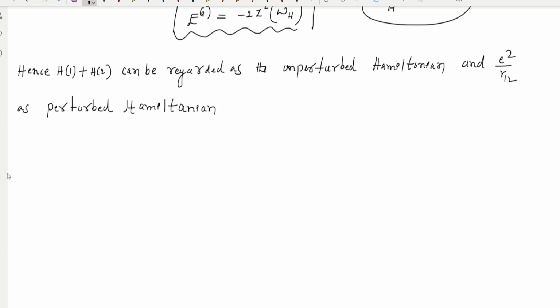So first I'm going to find the first order correction to the ground state energy.